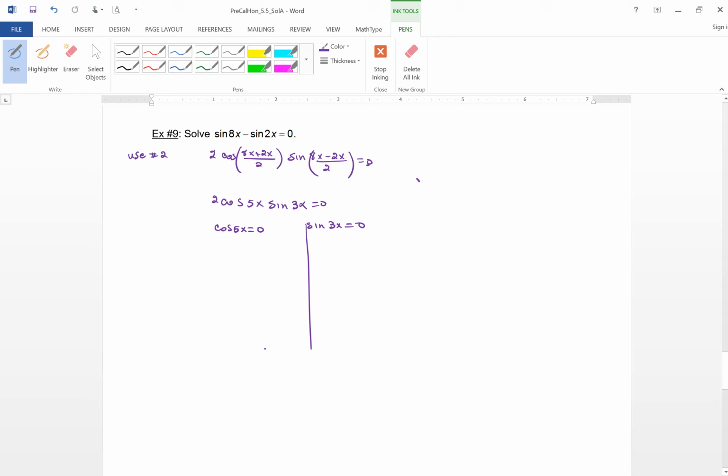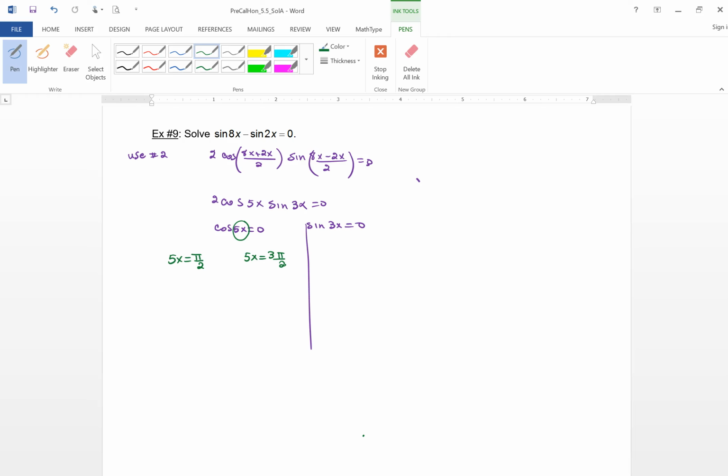That means, stay with me now, this entire angle must be pi over 2 or 3 pi over 2 for the cosine to be 0. So that entire angle, 5x, must equal pi over 2, or 5x must equal 3 pi over 2, okay, for it to be 0.